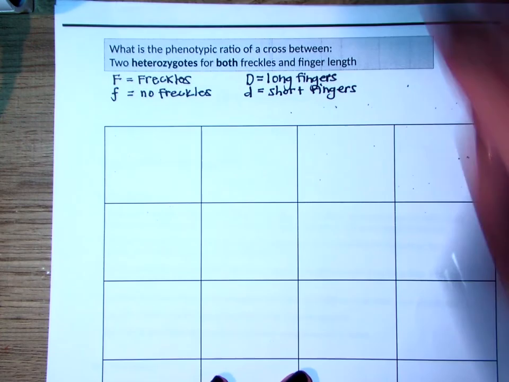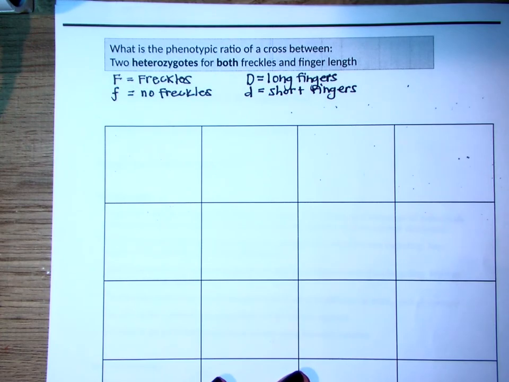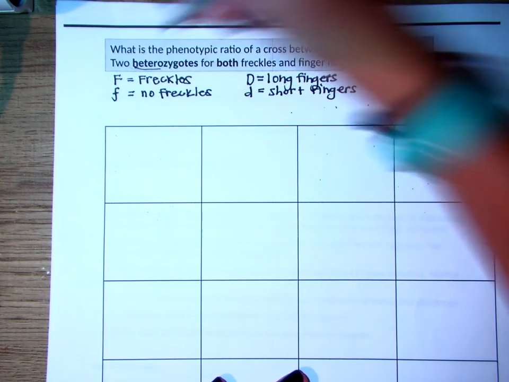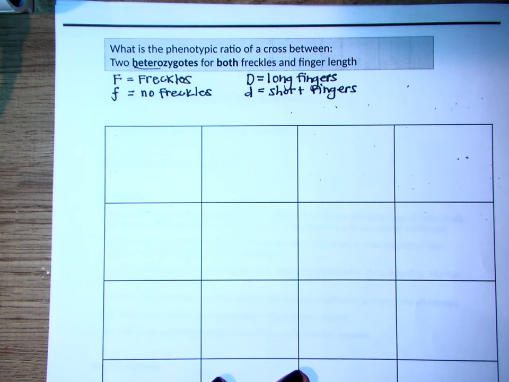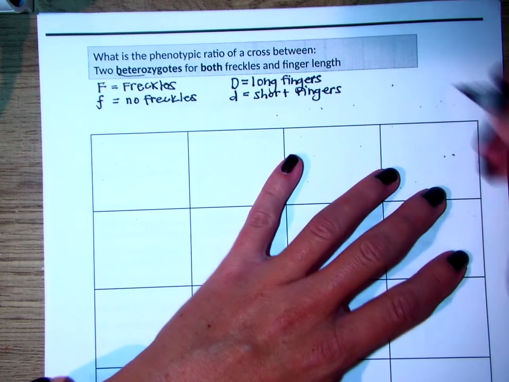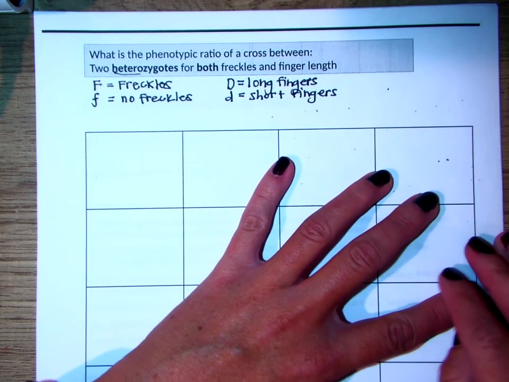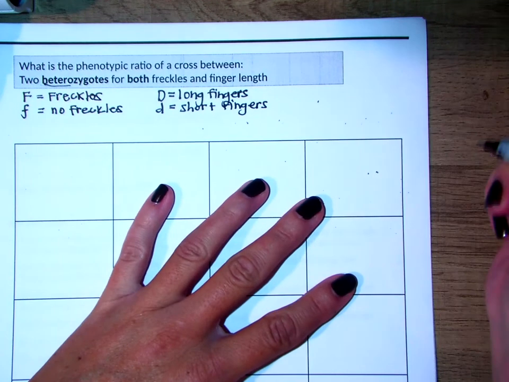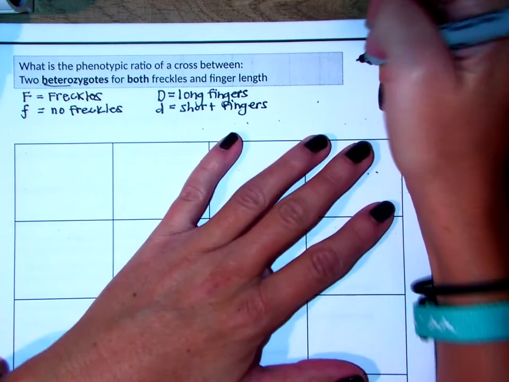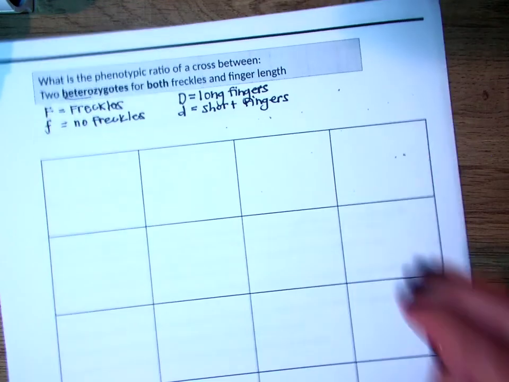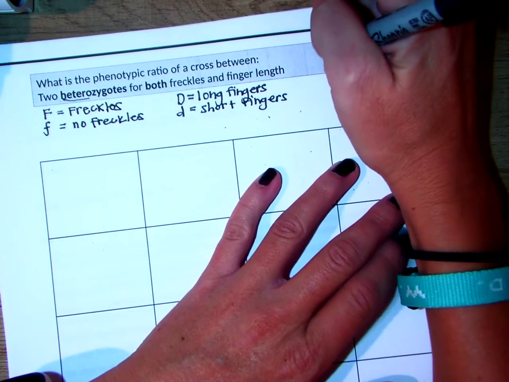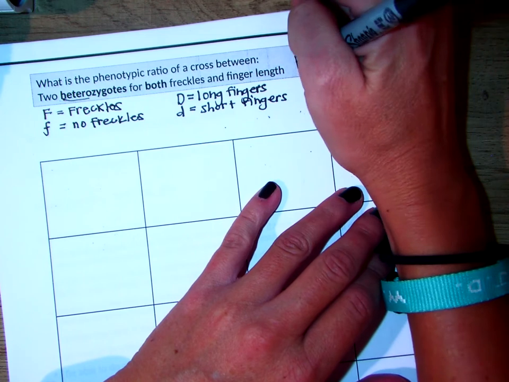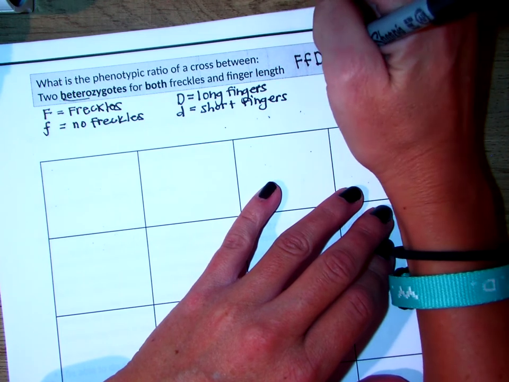It says, what is the phenotypic ratio of a cross between 2 heterozygotes? Remember, hetero means different, for both freckles and finger length. If we write out the genotypes, the parent genotypes would be big F, little f, big D, little d.